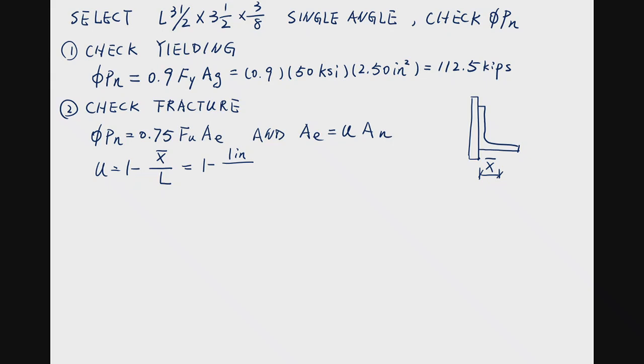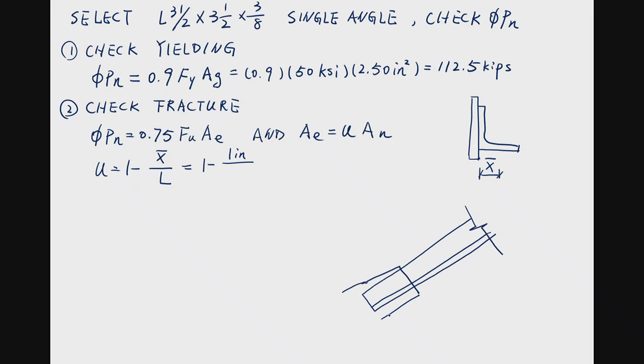So this is a truss member. So this is a tension diagonal member of the roof truss. So I suppose it's like a tension member bolted on a gusset plate. Right?